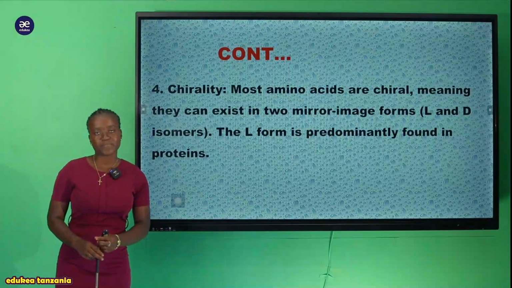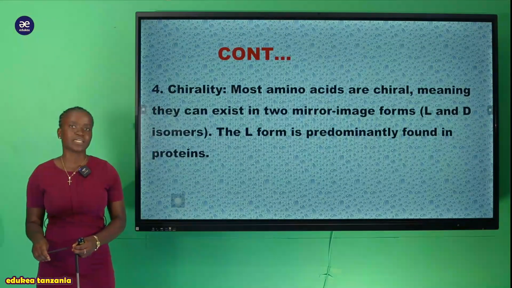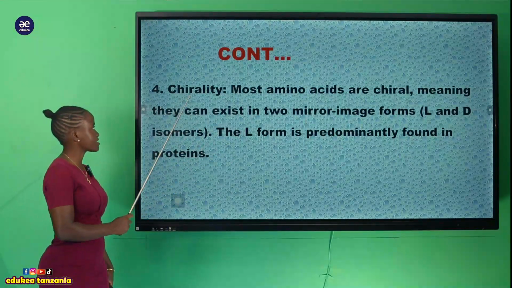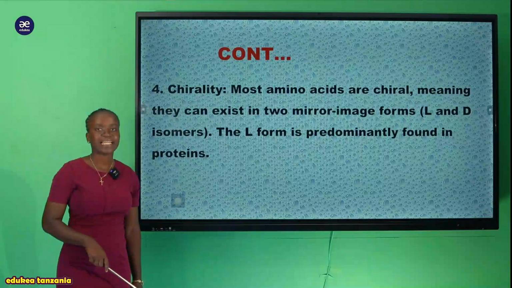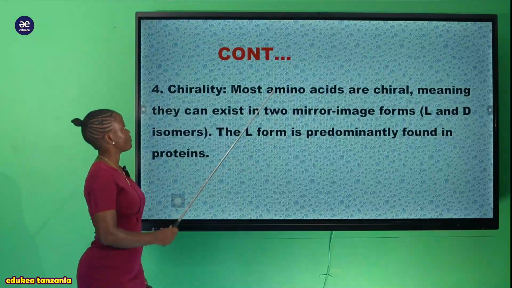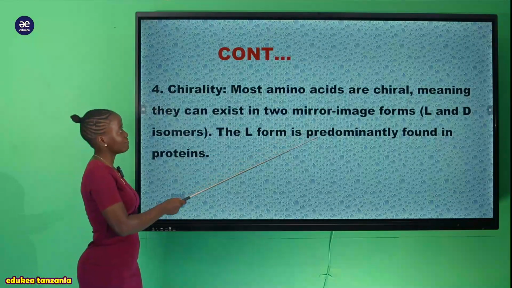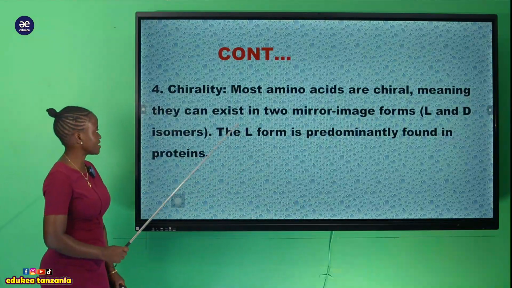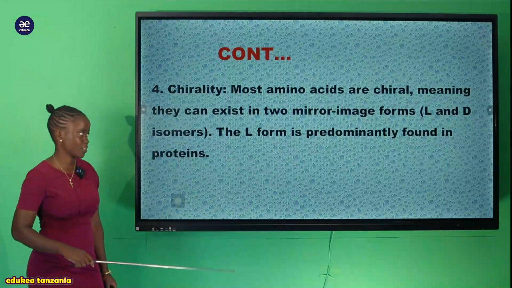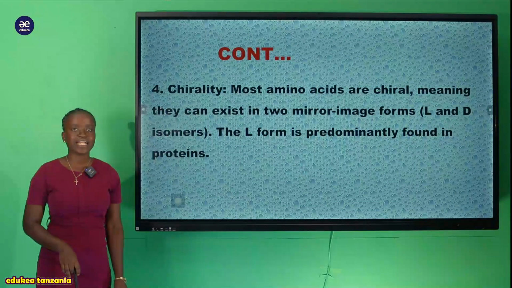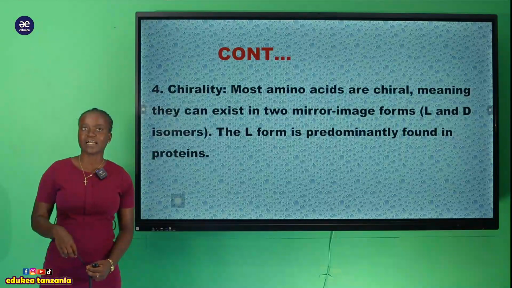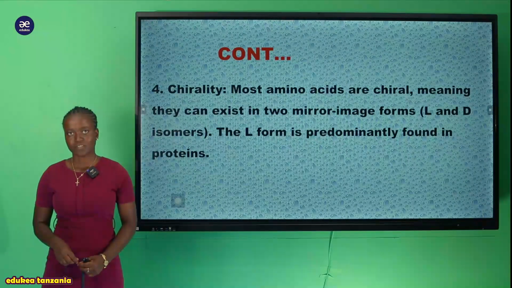So let's see another property of the protein, and that is chirality. Most amino acids are chiral, meaning they can exist in two mirror image forms, that is L and D isomers. The L form is predominantly found in proteins.